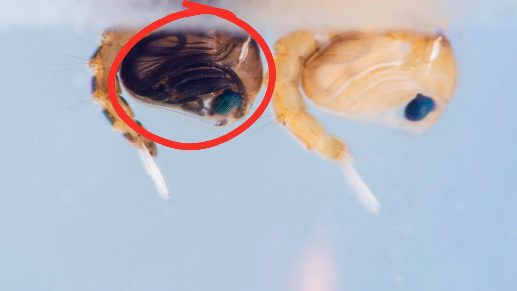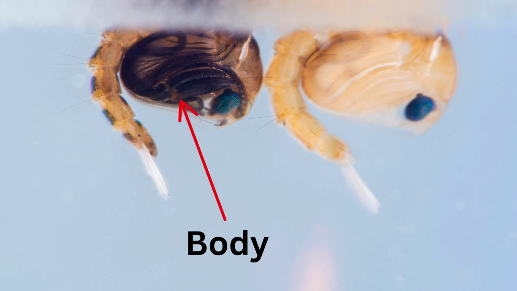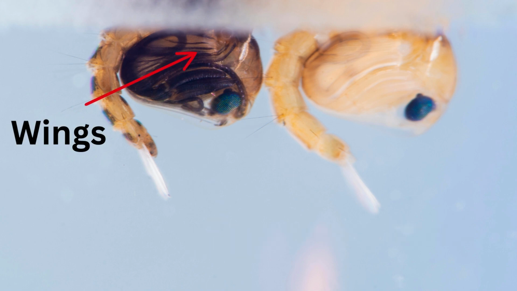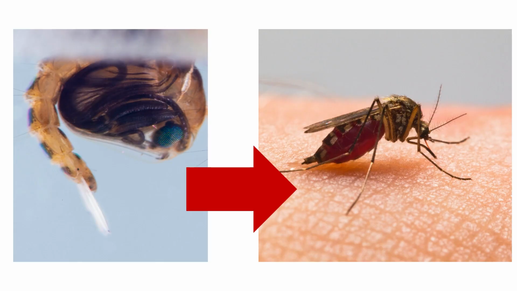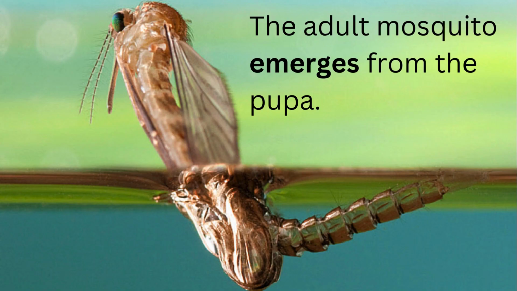As you can see on the screen, inside the darker pupa, you can see the compound eyes, the body, and the wings of the adult mosquito. This pupa is almost ready for the last stage of the life cycle. The lighter pupa still has a couple more days to develop the adult mosquito inside of it. But once it's ready, it emerges into the flying adult that we all see and feel.